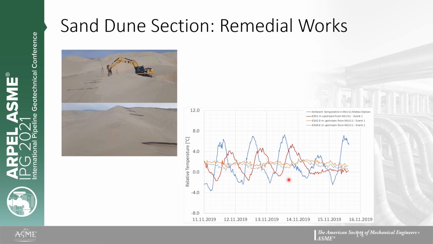And we see that up to the 14th, the temperature change is periodic on event 1. So no changes. But after the 14th, we saw that this periodic change is fading away. We have a strong attenuation of the temperature signal, as we can see here.